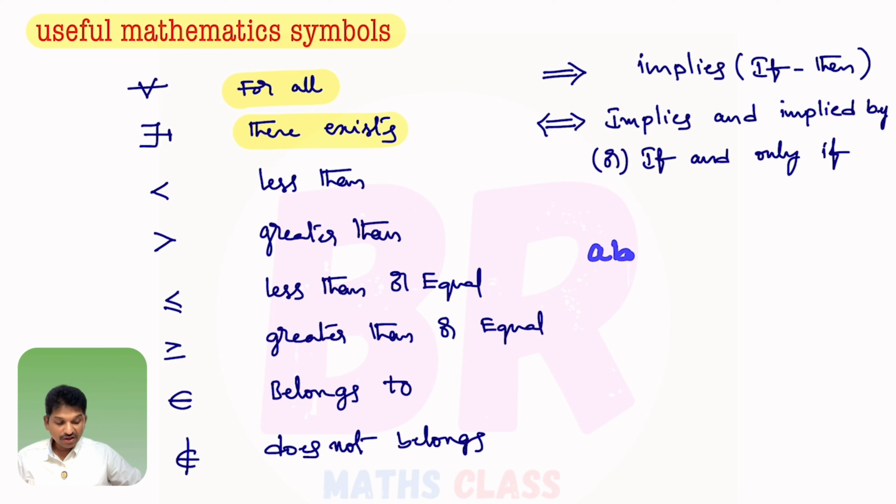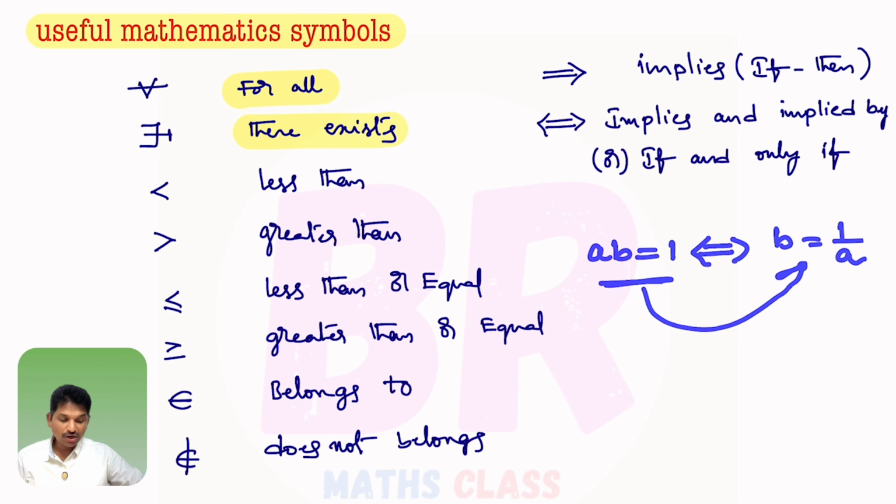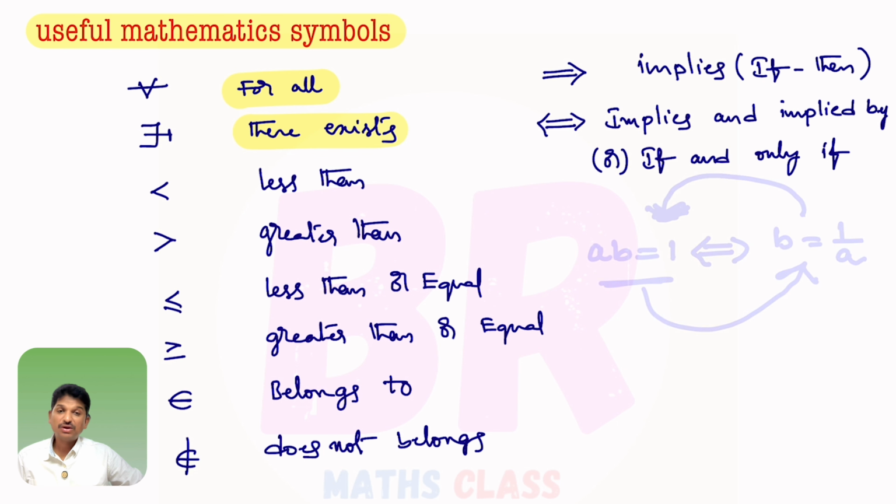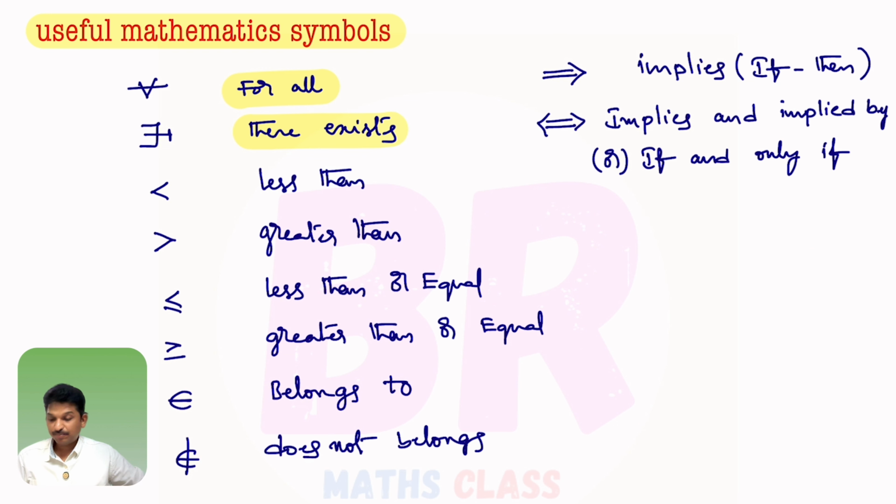For example, AB equal to 1 implies and is implied by B equal to 1 by A. That means when AB equal to 1, B equal to 1 by A, and if B equal to 1 by A, then AB equal to 1.